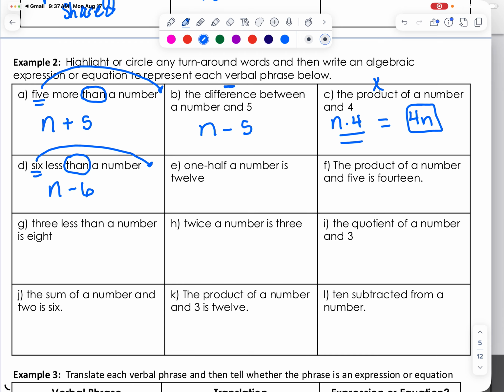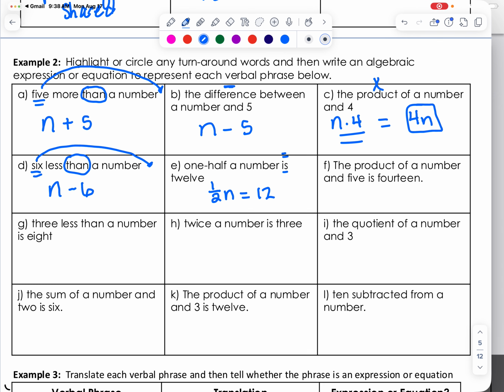All right. E, 1/2 a number is 12. So 1/2 of a number would be 1/2 N. And then for "is," that's equals, and then 12. So 1/2 N equals 12.